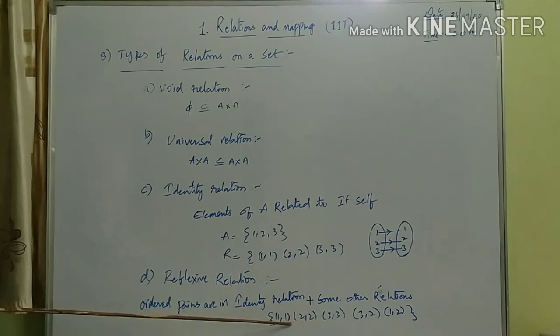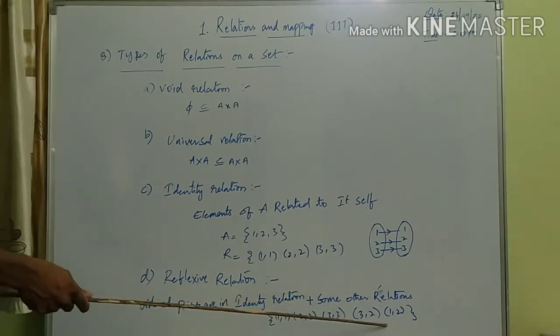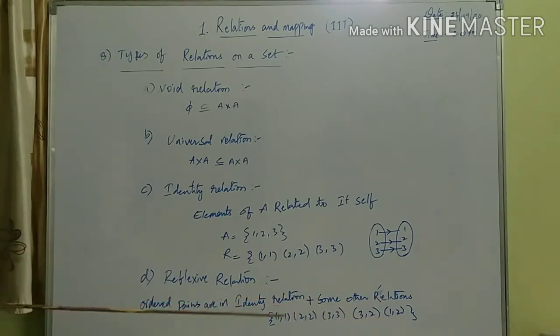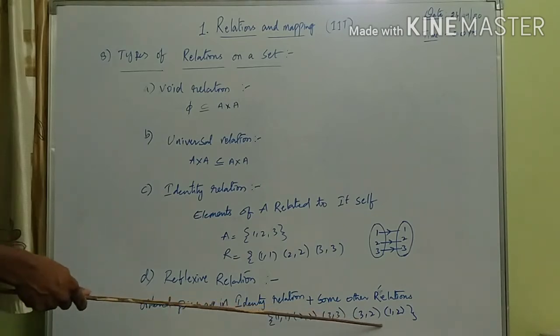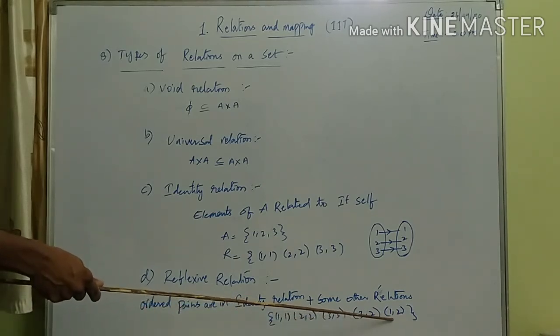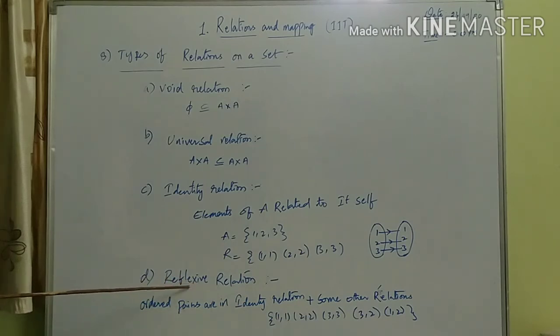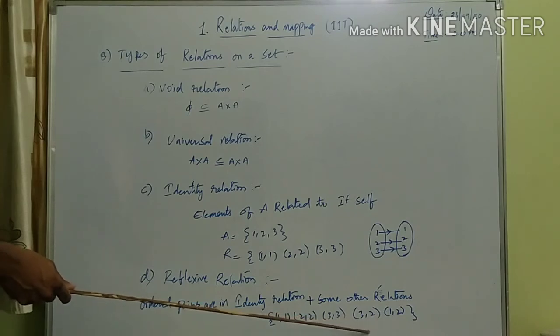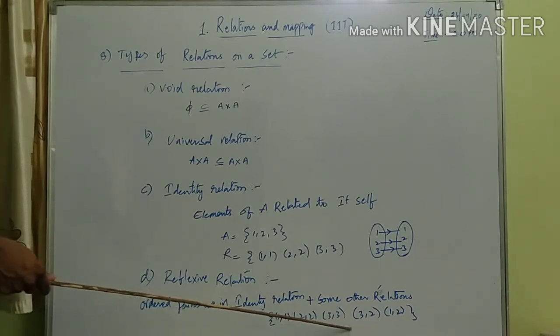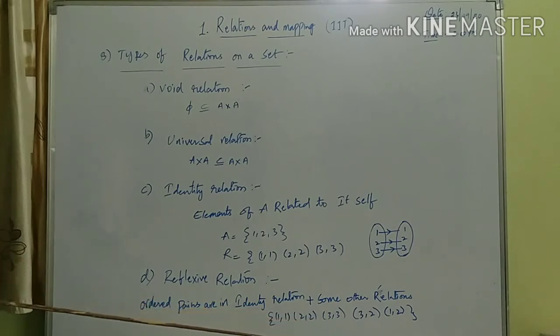Here the identity relation is (1,1), (2,2), (3,3), and some other relations are (3,2) and (1,2). So a reflexive relation must have the identity relation and some other relations. These are examples of reflexive relation ordered pairs.